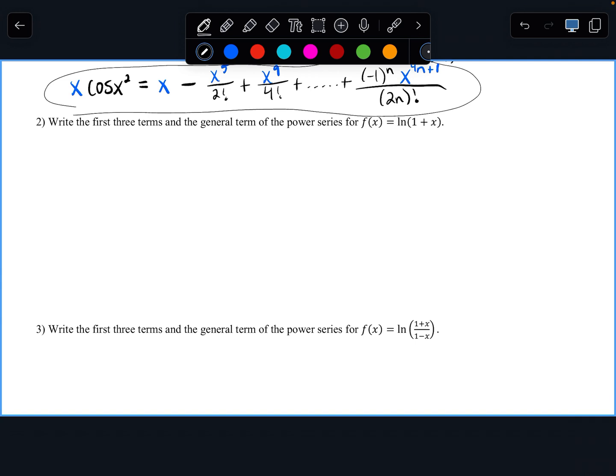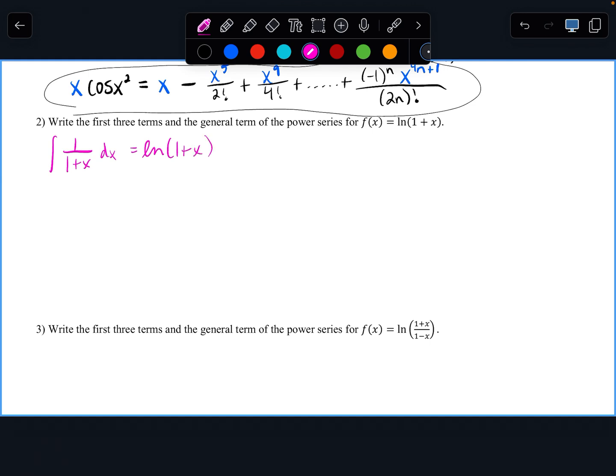What you're going to have to do is think about derivatives and antiderivatives of your OGs, your Maclaurins. So this one, what you can just pull out of your brain, you know, is if you were to do this guy, this would be 1 plus x, right, plus c, right?